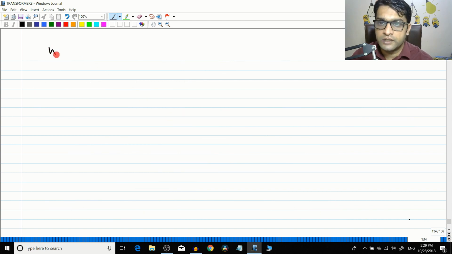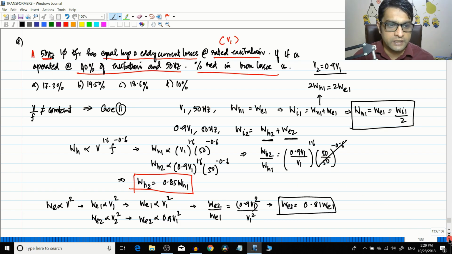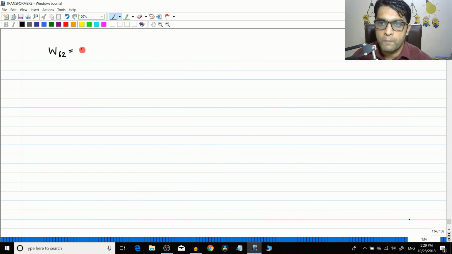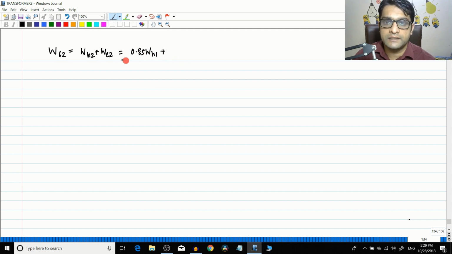So the Wi2, that is the iron loss in the second case, will be equal to WH2 plus WE2, right? This WH2 value we have already found as 0.85 WH1, and WE2 is 0.81 into WE1.